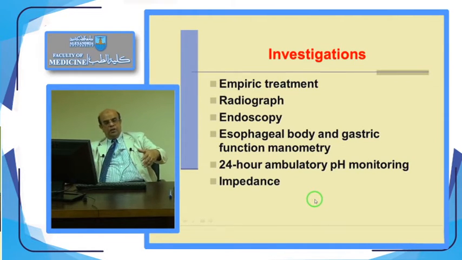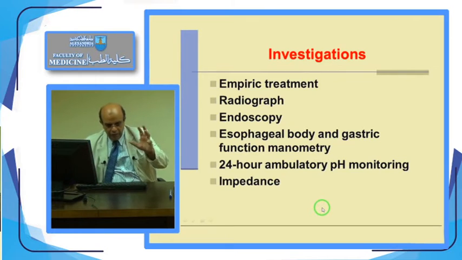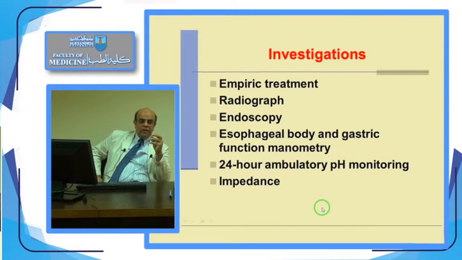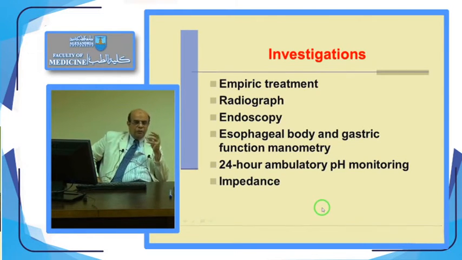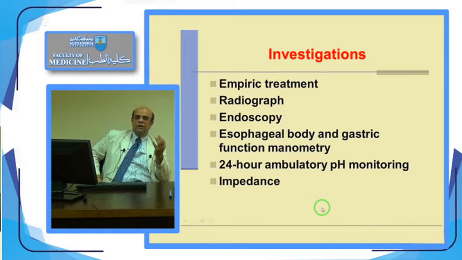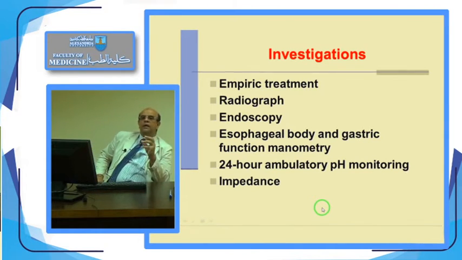What are the investigations? This is a rapid overview of the surgical anatomy of the hiatus, its importance, its physiological role in preventing gastroesophageal reflux, and the structures that pass around the hiatus.